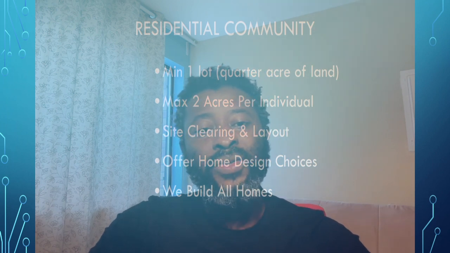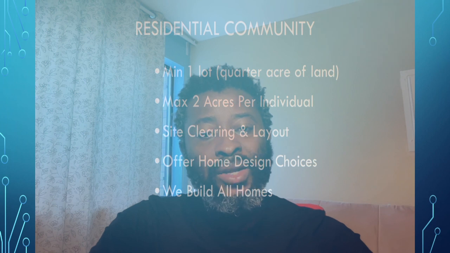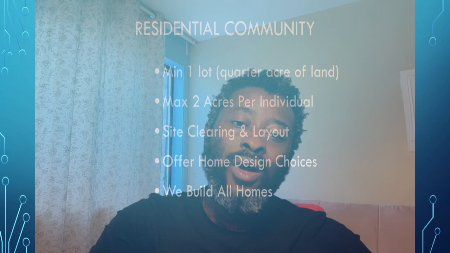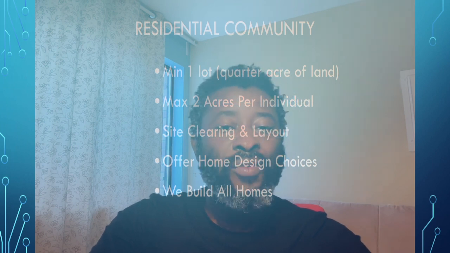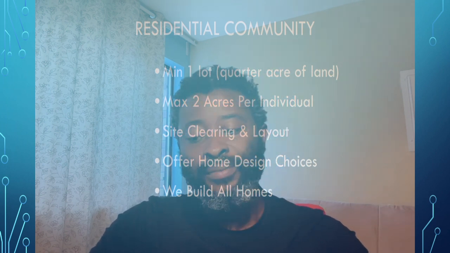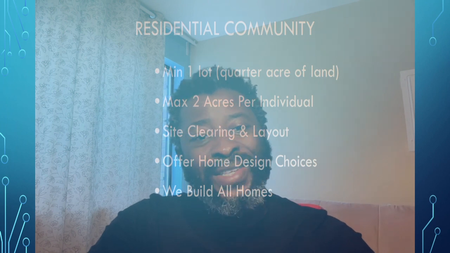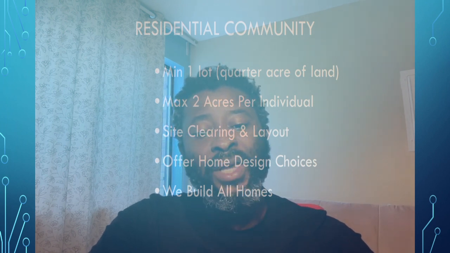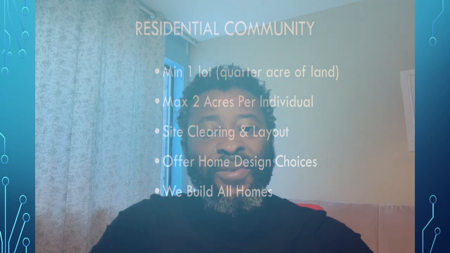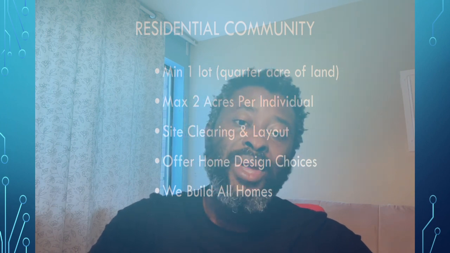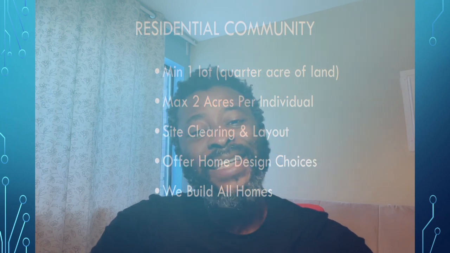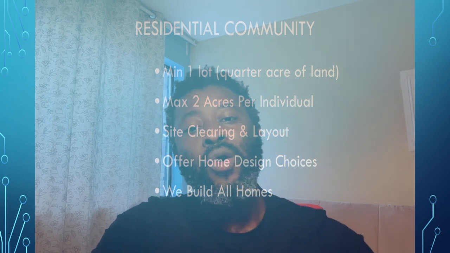It also helps us to be inclusive, because when we put an upper limit on what a single individual can get, we create room for many other people to acquire land within Xity and build their homes. The next thing, when you are a residential community member of Xity, because these places are well laid out and we have to lay out the streets before anyone begins to build homes here, is that we are going to make sure the community members for each residential community are able to pay for the site clearing and the layout of their community.